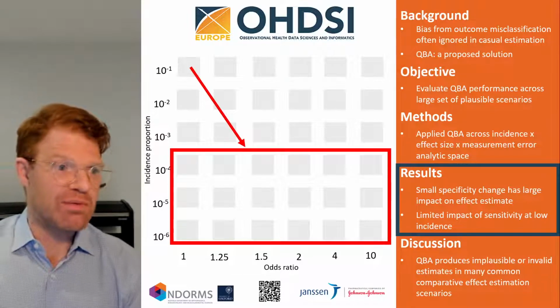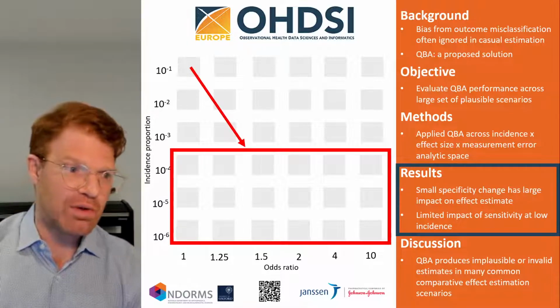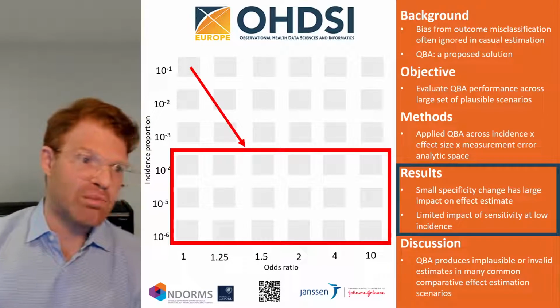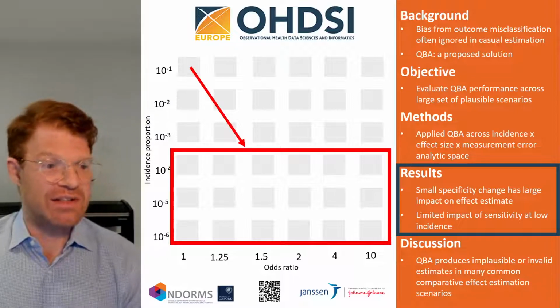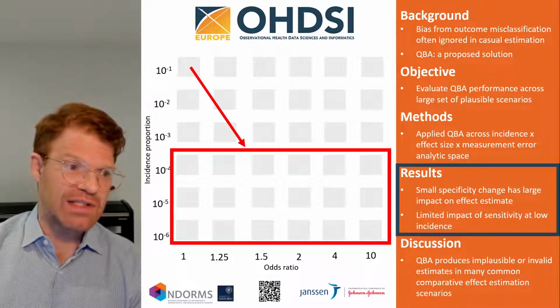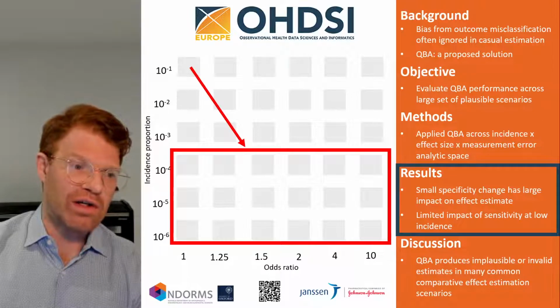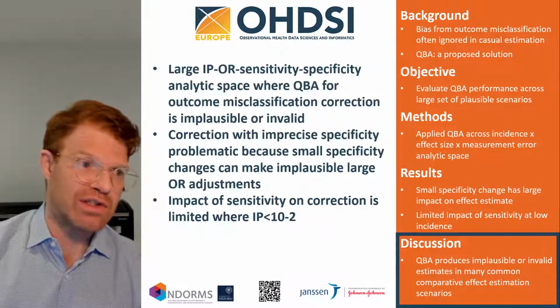The specificity ranges from 90 to 100% in the upper leftmost panel to 99.999% to 100% in the lower rightmost panel. The sensitivity progressively exerts less impact as the uncorrected OR increases and the incidence proportion decreases.